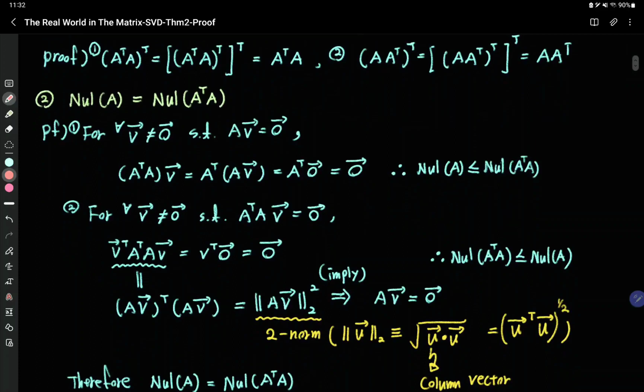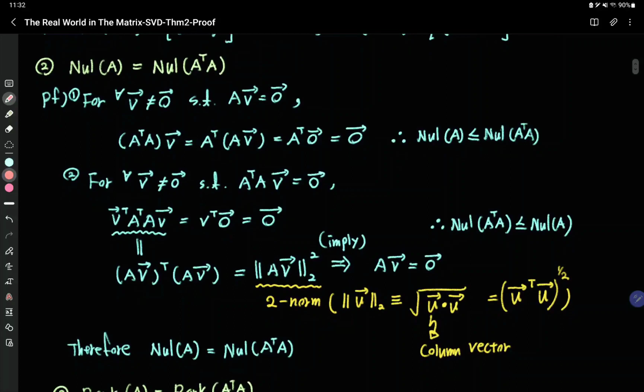And now we're going to pick a solution vector of the matrix equation A transpose A x equals the 0 vector. So we pick a non-zero, non-trivial solution vector V such that A transpose A V equals 0, and we multiply V transpose on the left hand side.